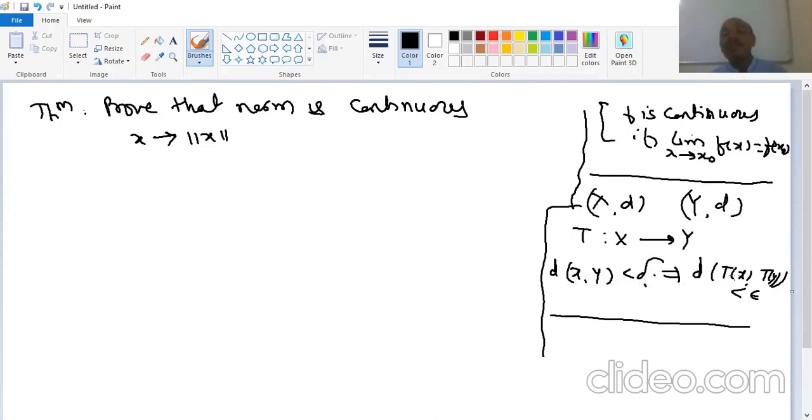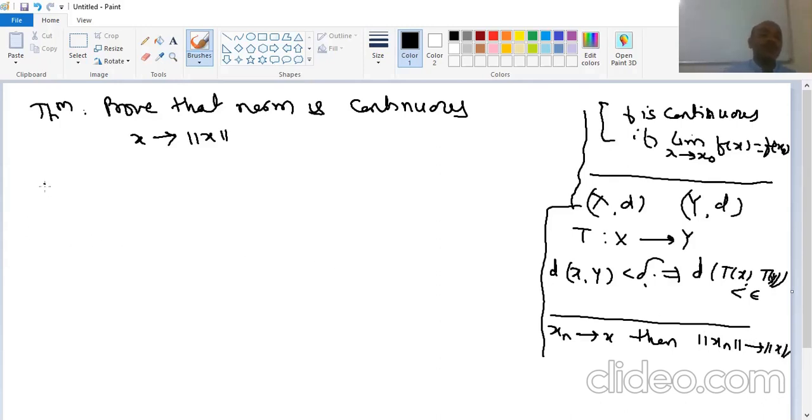Then the distance between T of x and T of y is also very small. In our definition, xn converges to x means as xn approaches x, then norm xn converges to norm x. That we have to show in this result.